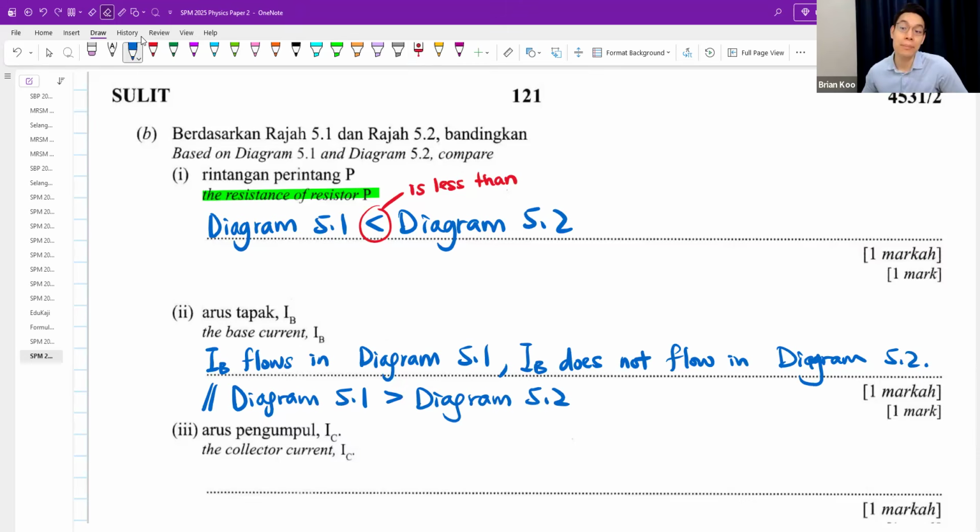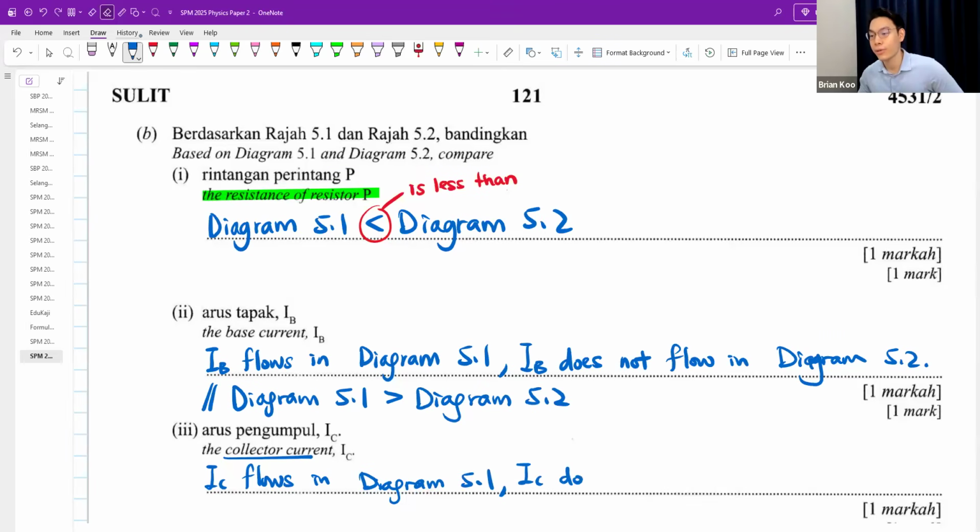Collector current is also the same. Can we use the symbol? Yes, you can, because they also use the symbol. If you don't want, you can write collector current flows in diagram 5.1. Collector current does not flow in diagram 5.2.